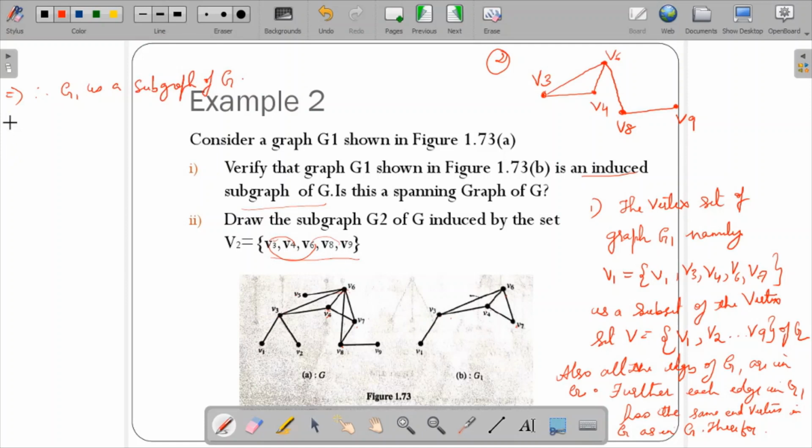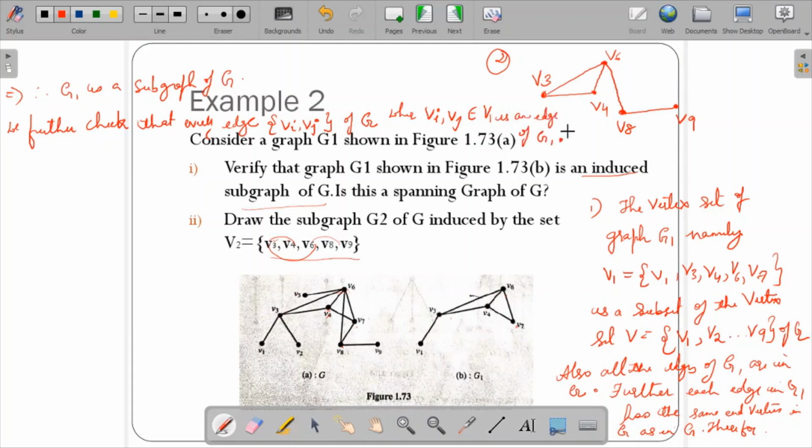We further check that every edge vi, vj of the main graph G, where vi and vj belong to V1, is an edge of G1.